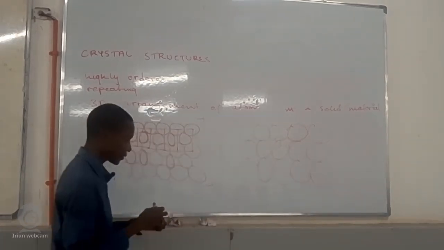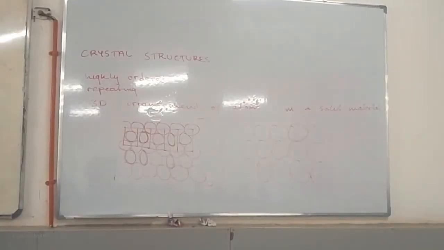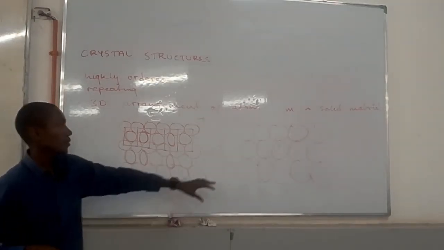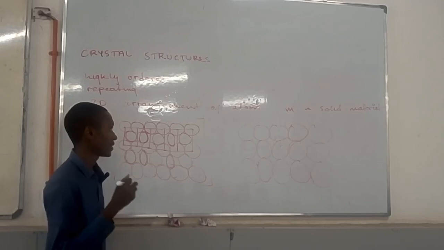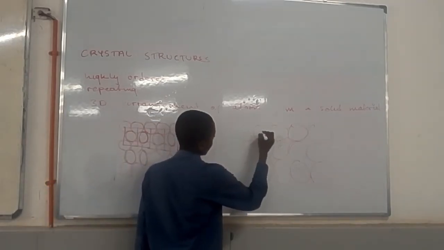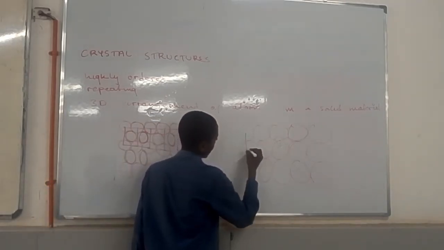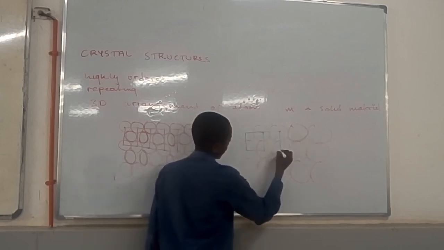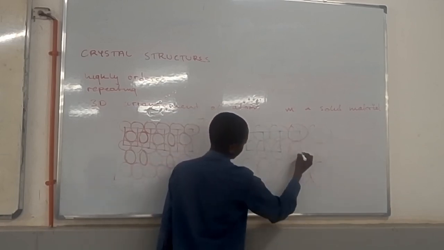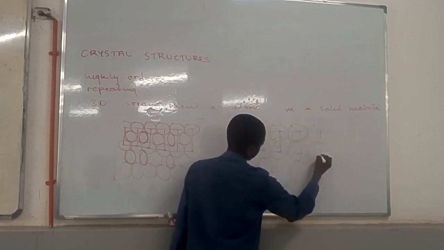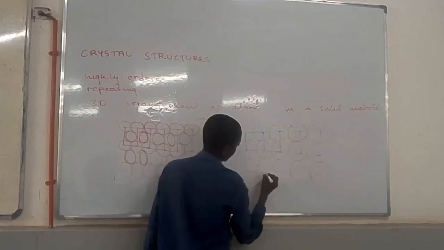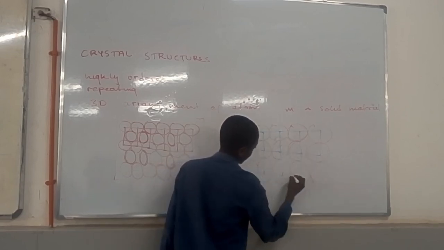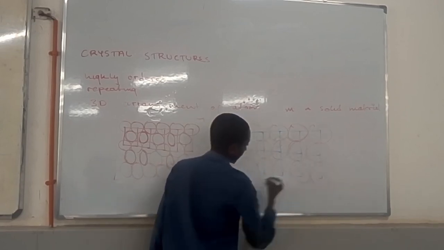So if I were to find the unit cell of this arrangement, the unit cell would be this one. If I get this one, I repeat it again, even here. Are you seeing that?